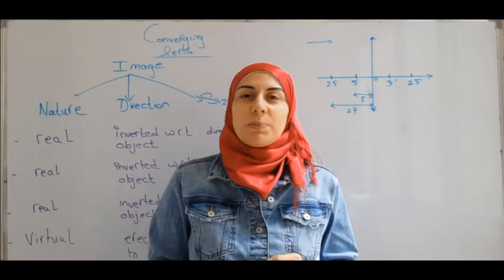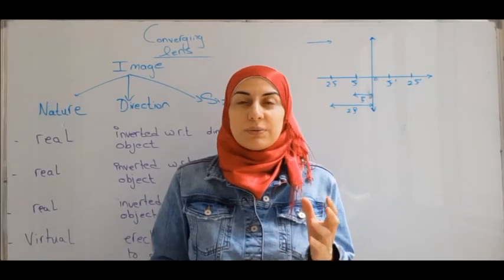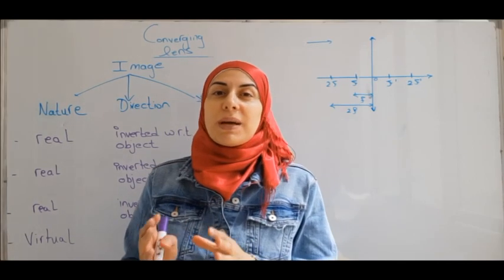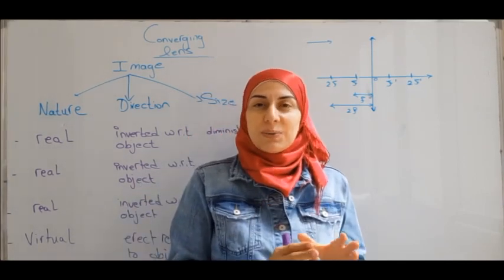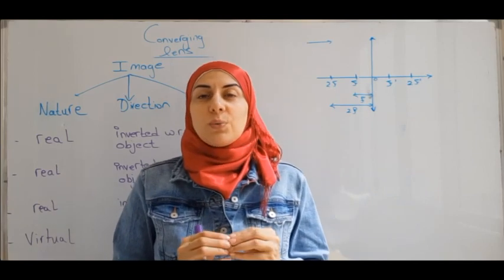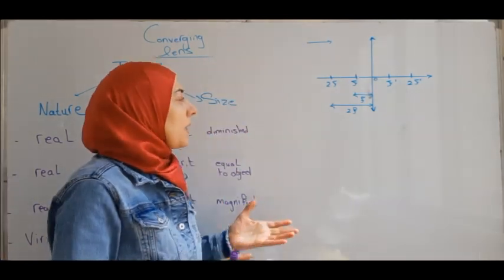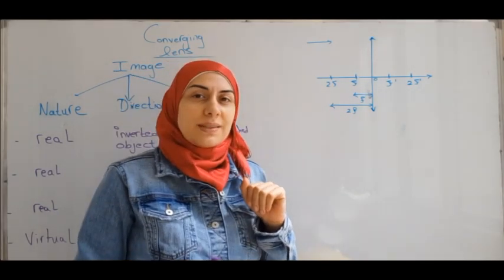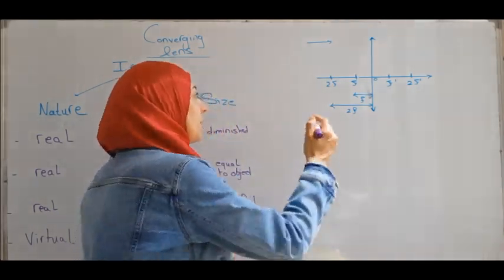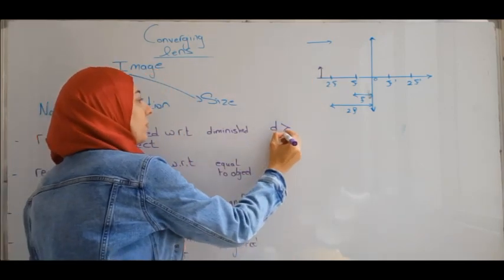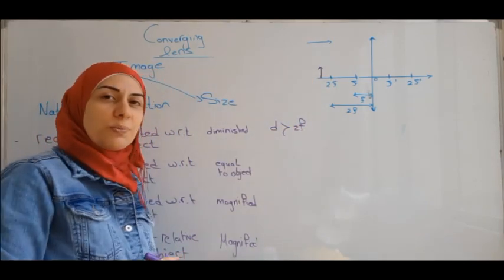The image given by a converging lens can be real or virtual, can be erect or inverted relative to the object, and can be magnified, diminished, or even equal to the object. That all depends on where you place the object on the optical axis. So, if you place the object at a distance greater than 2f, here for example, then you obtain a real image.